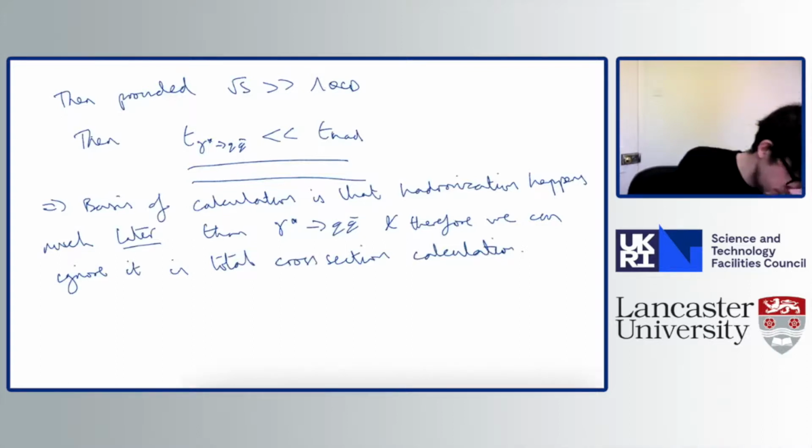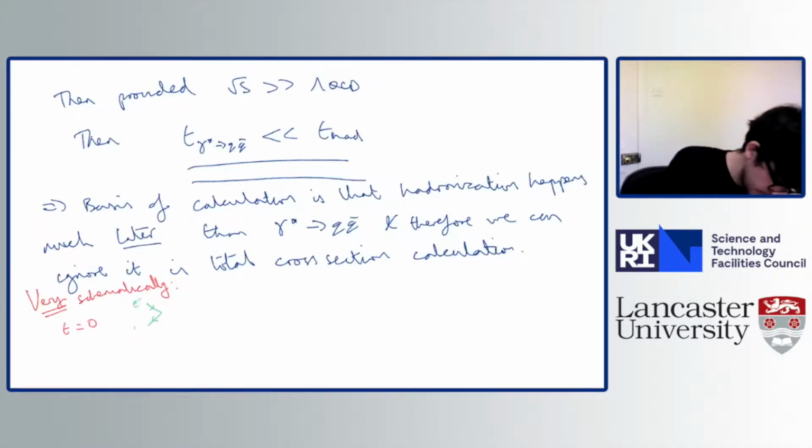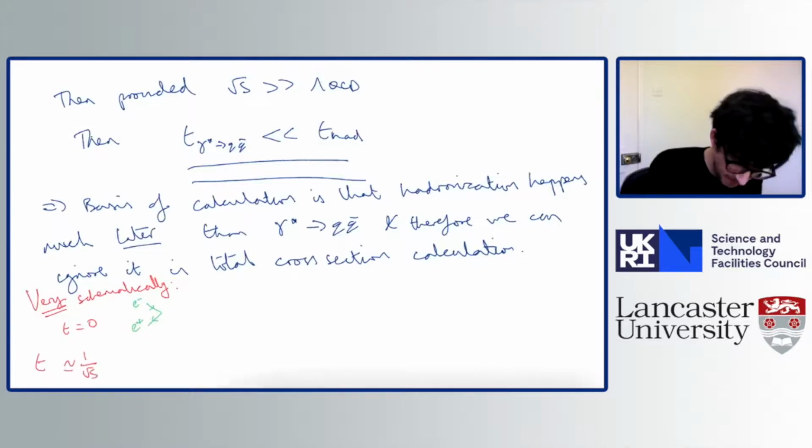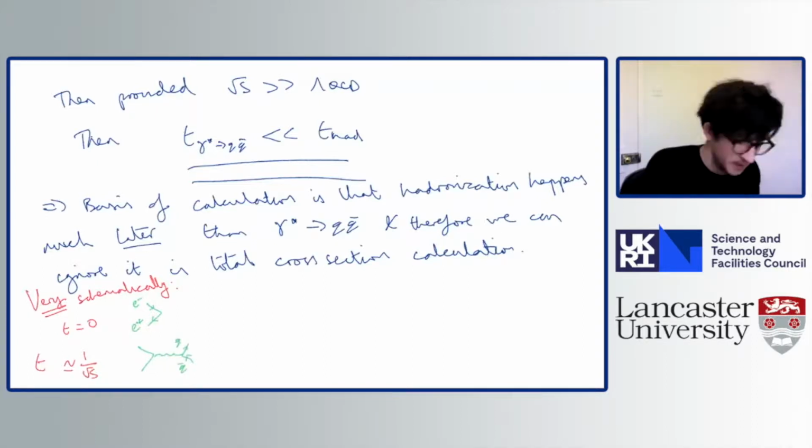So let me draw this very schematically. Let's say we're at t equals 0, right? It's a little bit schematic, but there's an e plus and an e minus coming in, annihilating. Then we go to t of order 1 over root s, approximately. Now the quark and the antiquark have been formed, and that's the thing we calculate. And now here's the thing.